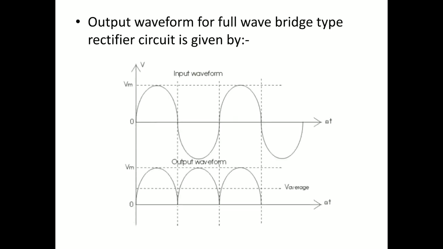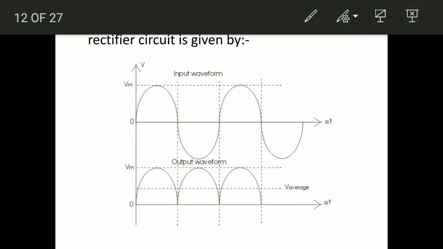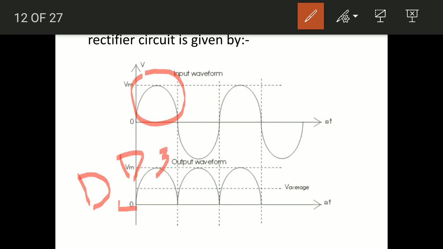So if you consider the waveform of the working of the full wave bridge type rectifier circuit, from this we conclude that during the positive half cycle, diodes D2 and D3 are in forward bias condition, so we will get the output like this.